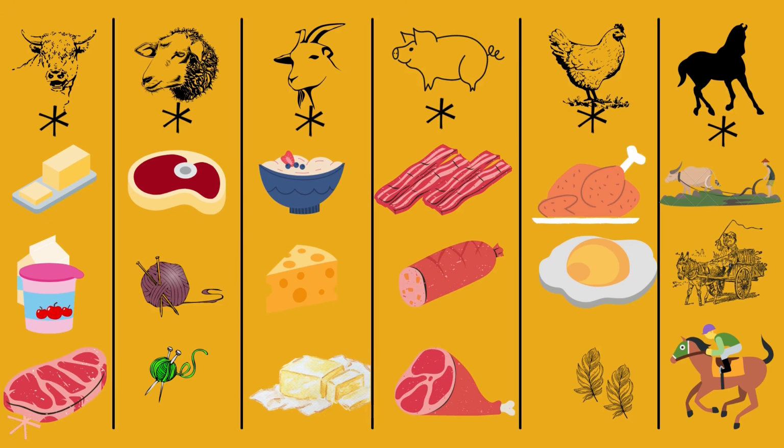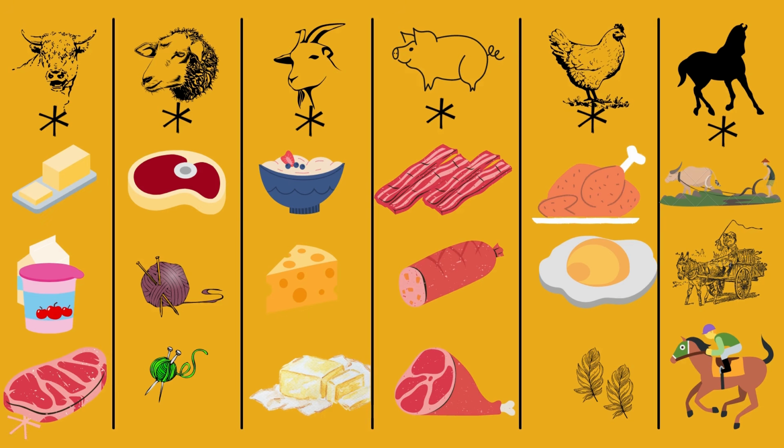This includes pork, bacon, ham, sausages, and other processed foods. And some products, such as the fat of pigs, are used in floor waxes as well as crayons.